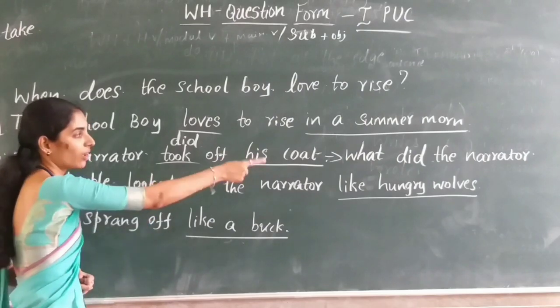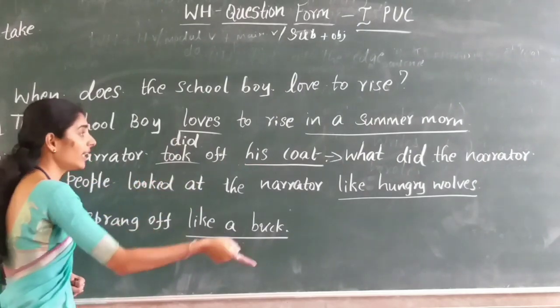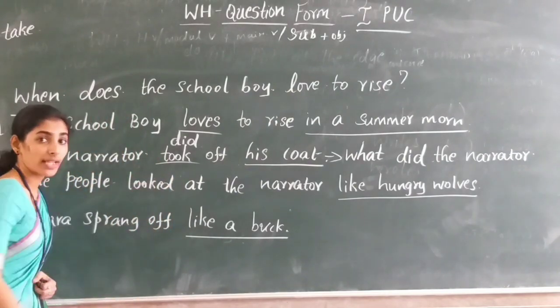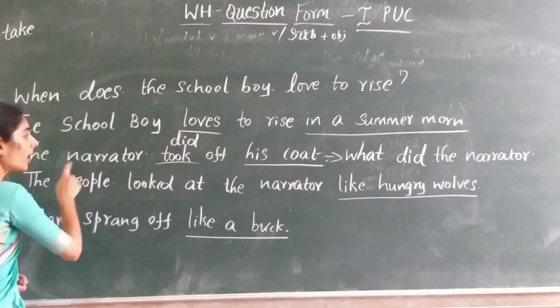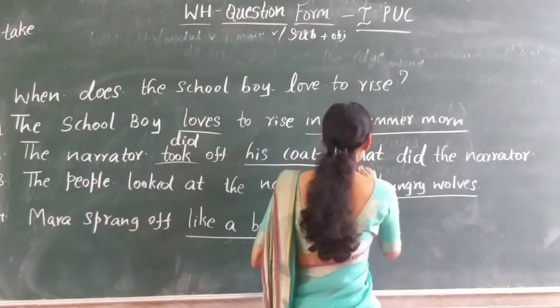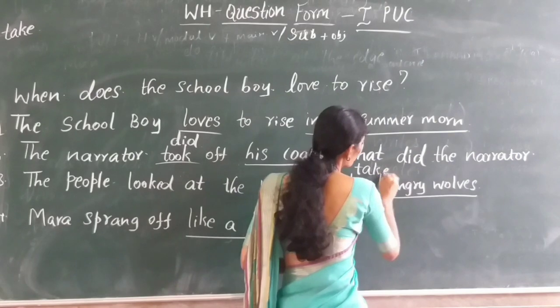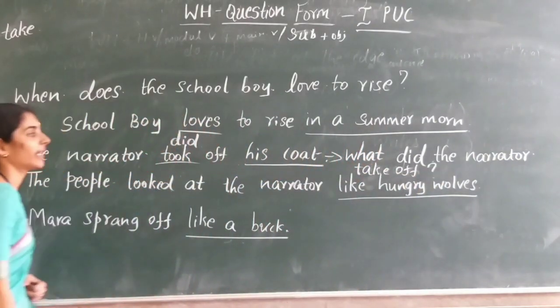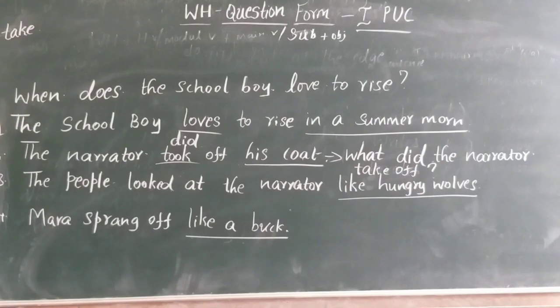As I said, you have already written did there. Then you have to write the present form of took. That is take. So what did the narrator take off? His coat. Answer is his coat.